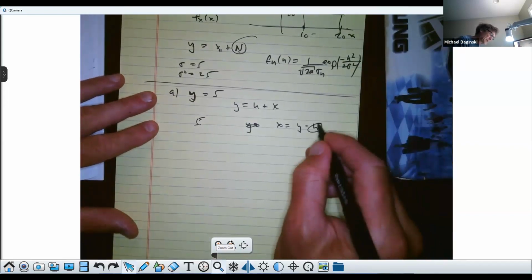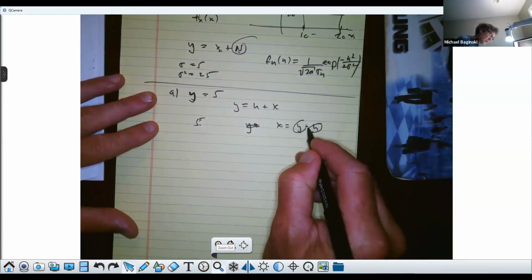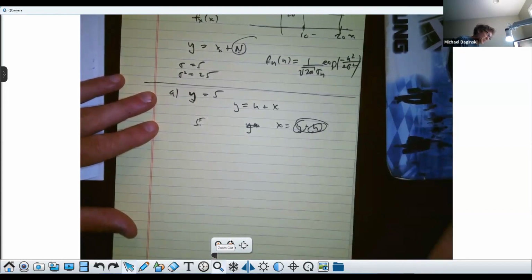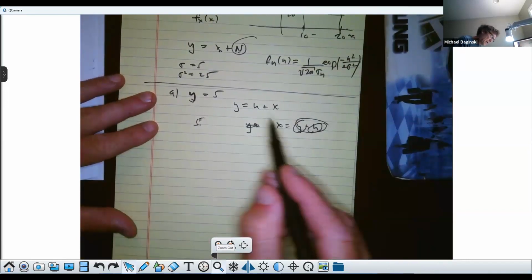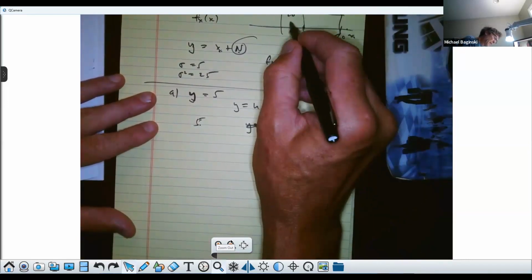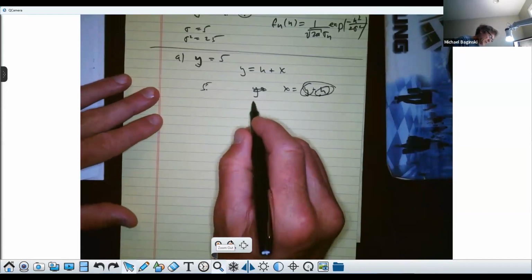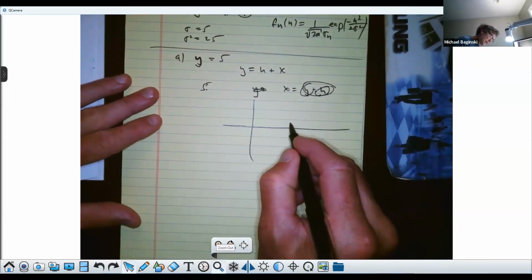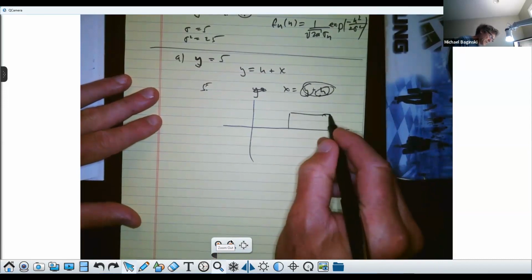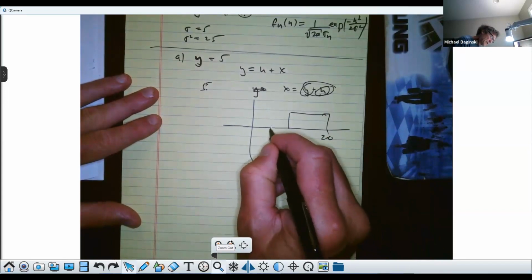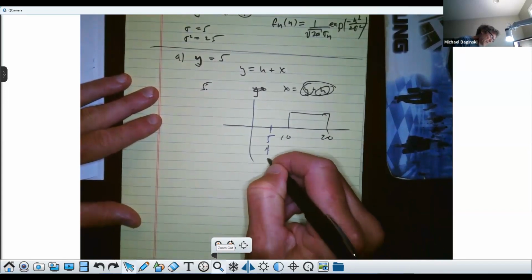And we want the observed value of x. Well, the noise is Gaussian. What this is telling me is it takes that Gaussian distribution and skews it down by 5. If you think about 5 here, I'll try to redraw that so everybody can appreciate this. I'm trying to make it easy. Here's 10, here's 20, and my observation is 5 for y.